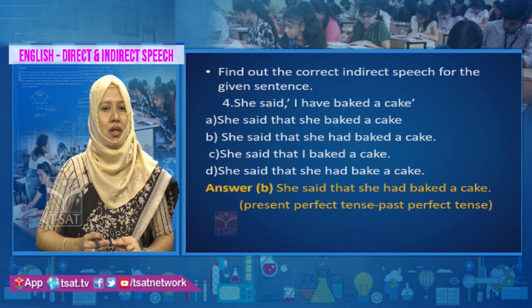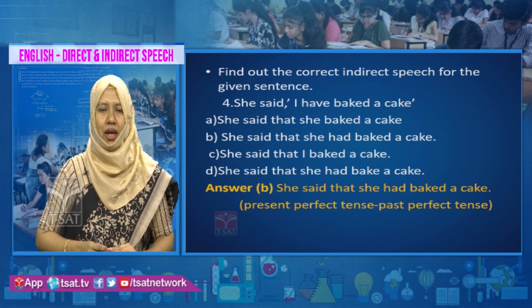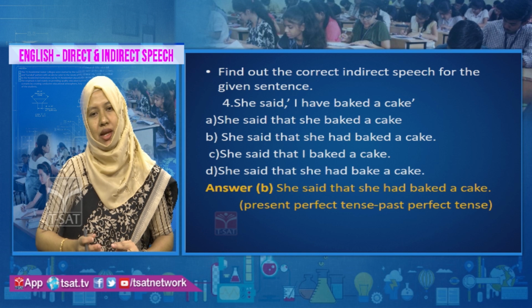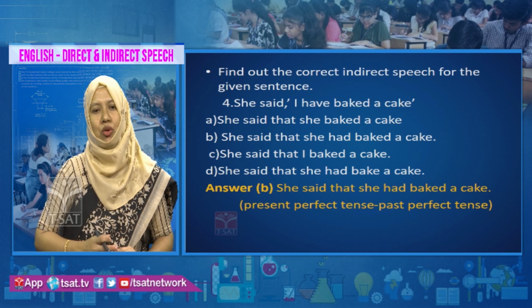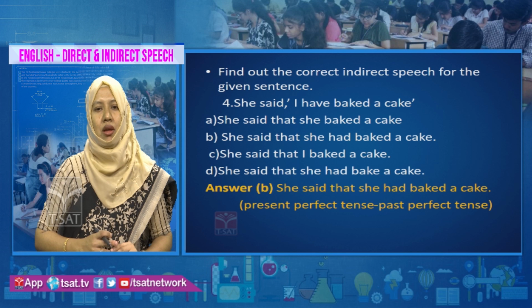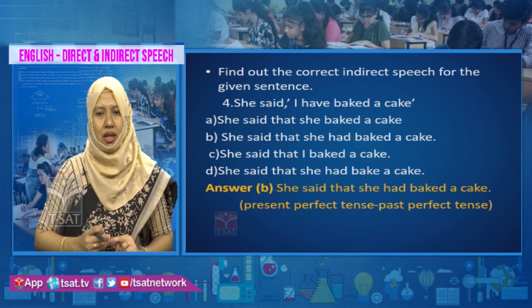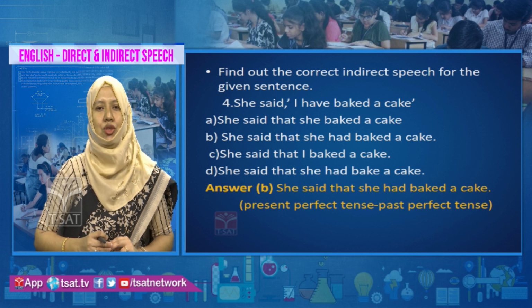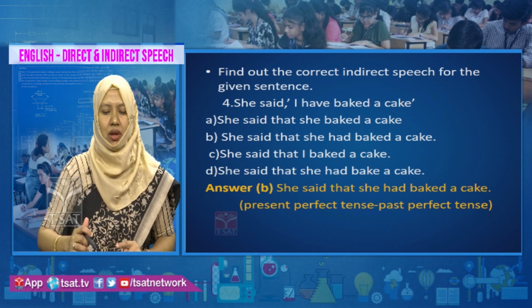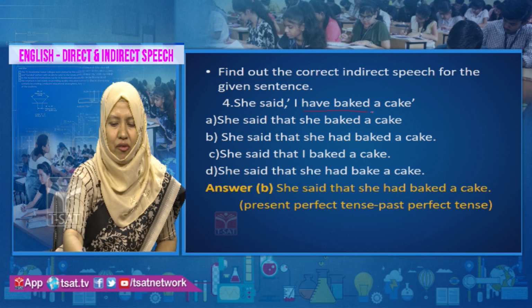Option C, she said that I baked a cake. Option D, she said that she had baked a cake. Remember the rule. If the verb is in present perfect tense, in indirect speech, it will change to past perfect. Here she said, "I have baked a cake."